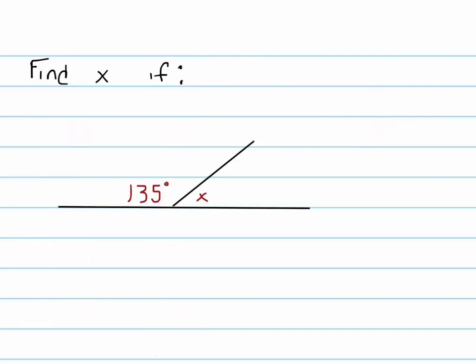Alright. So find x if we have this. So this is supplementary, because it's a straight line. And supplementary equals 180 degrees. Alright, so x equals, and I'm going to write an equation here. So 135 plus x equals 180.